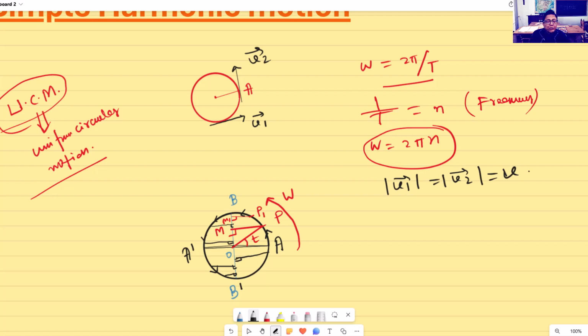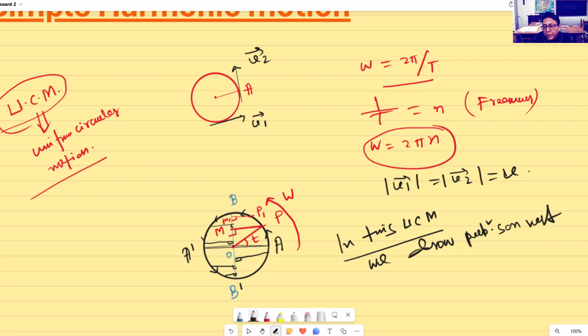So why am I drawing all these perpendiculars? What is the purpose of it? If you see the motion of the particle from A to B, the foot of perpendicular goes from O to B. In this UCM, we draw perpendiculars on the vertical diameter.